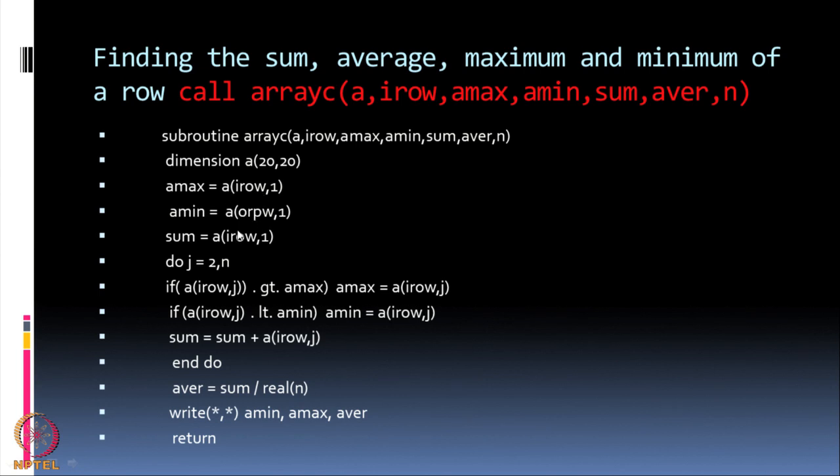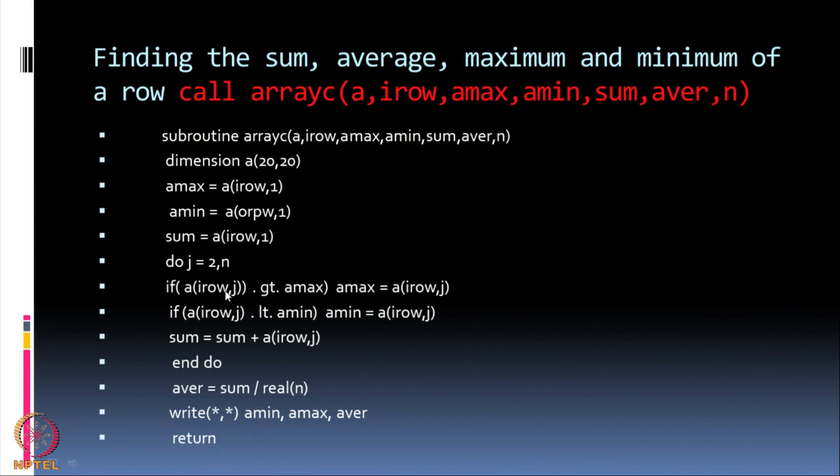So, once I do that, I want the maximum and minimum in that row as well as the sum. Now, there is a do loop, it goes from 2 to n, up to the last value of the integer, which corresponds to the size of the row. If the second element is greater than a max, then a max is made the second element. If the second element is less than a min, a min is made the second element.